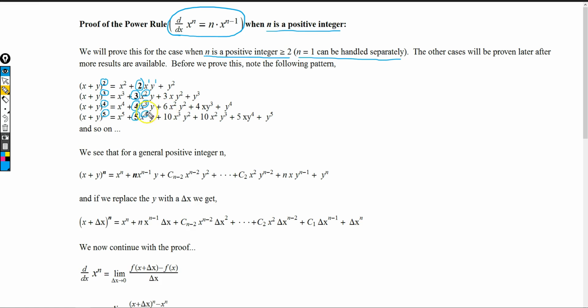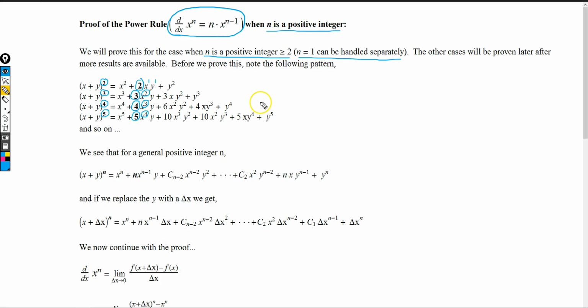Now these coefficients, the 1, 2, 1, 1, 3, 3, 1, 1, 4, 6, 4, 1, there's a formula for those. Those are actually called our binomial coefficients. And interestingly enough, they also come from what's called Pascal's triangle.